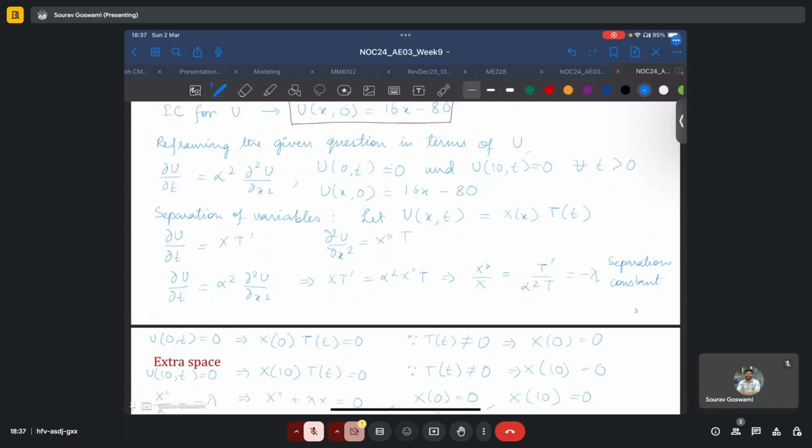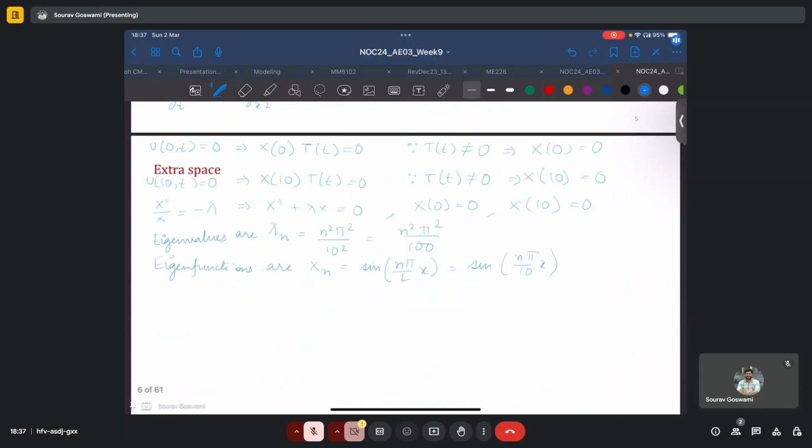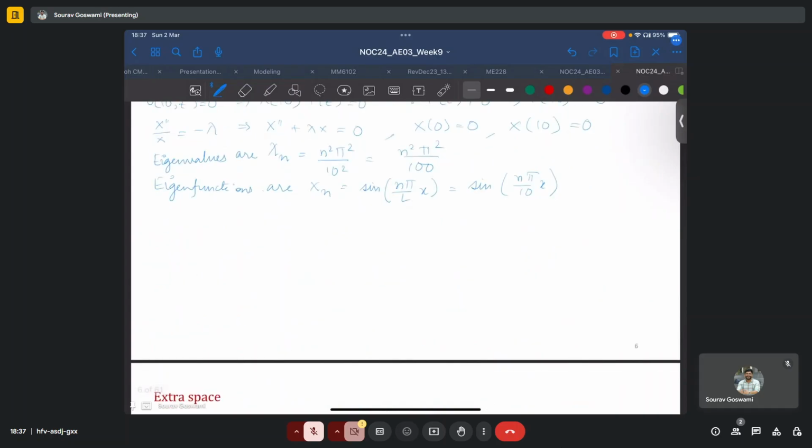The equation for T was T prime by alpha squared T equals minus lambda, which implies that T prime plus lambda times alpha squared T equals 0.